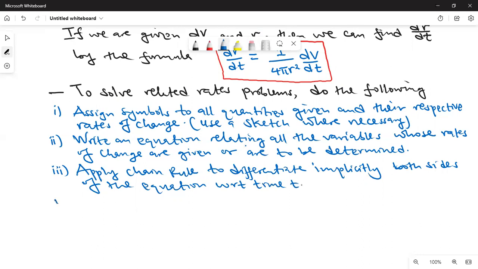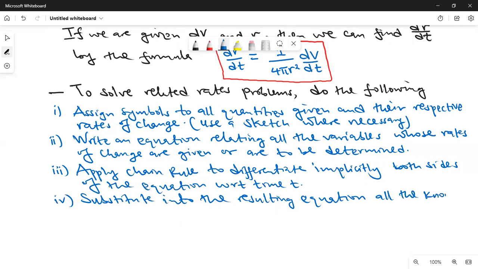And then the last thing you need to do is to substitute into the resulting equation all the known variables and their rates of change, and then solve for the required rate of change.